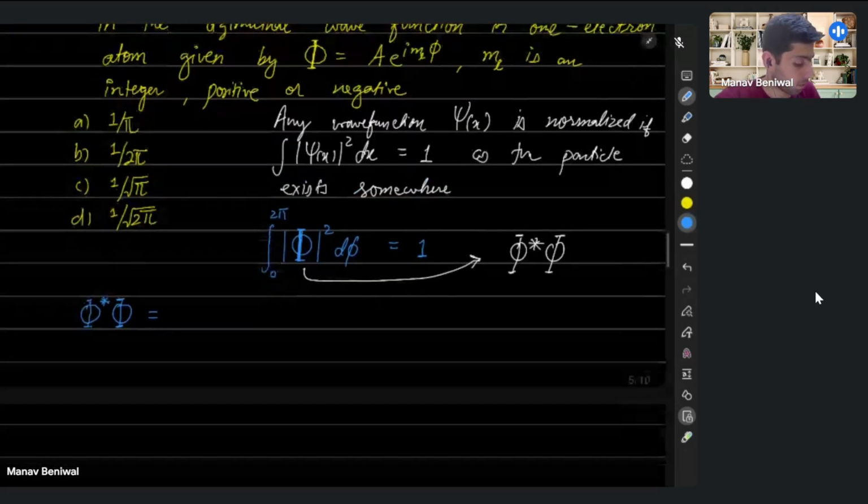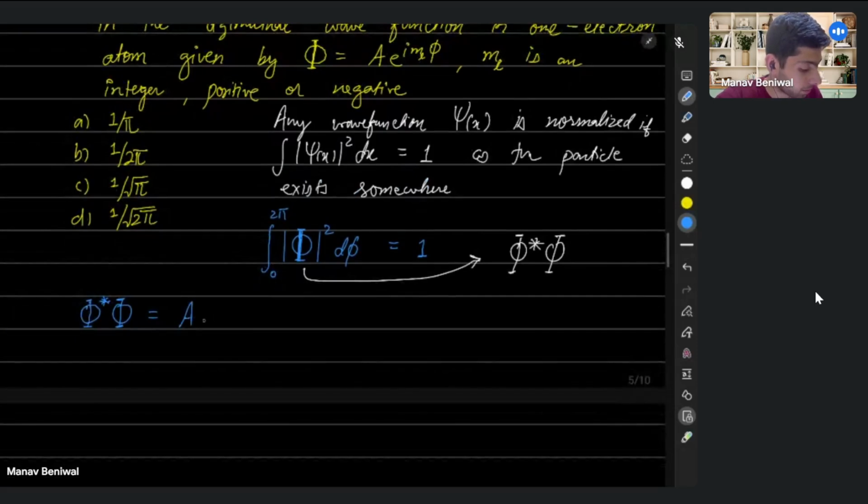So our phi star will become a times e to the minus iota ml phi, multiplied by a times e to the plus iota ml phi. Okay, and this is nothing but a squared e to the minus iota ml phi plus iota ml phi.